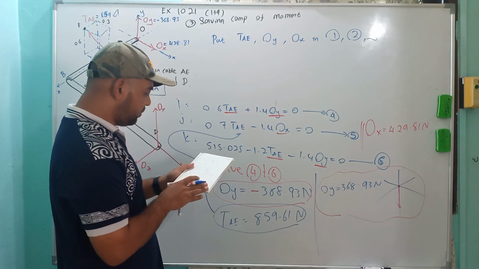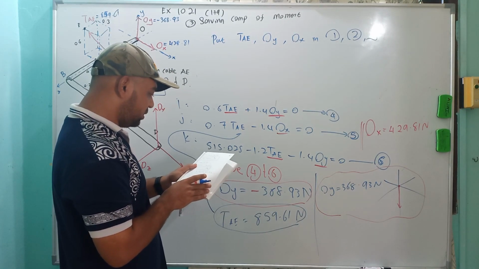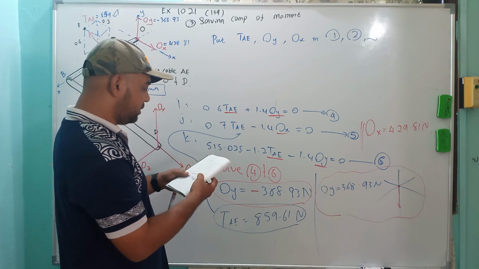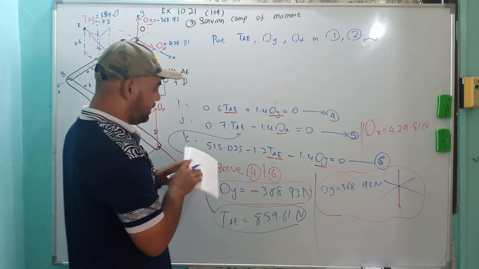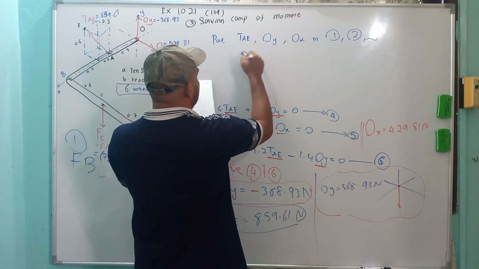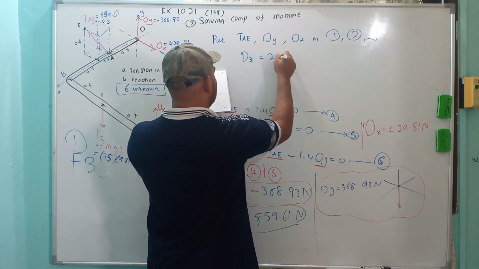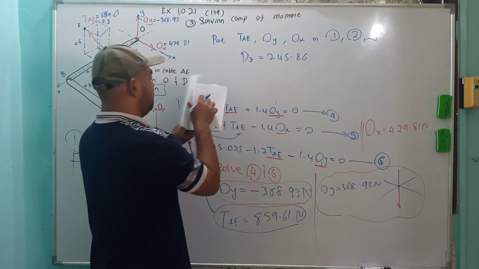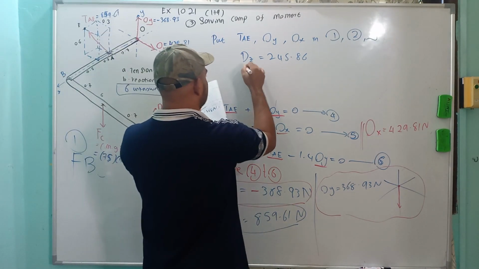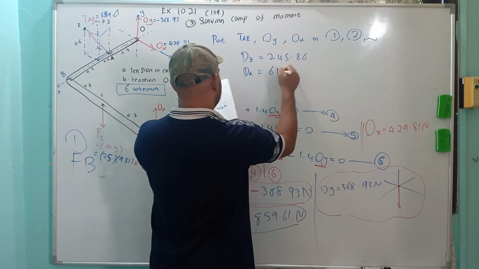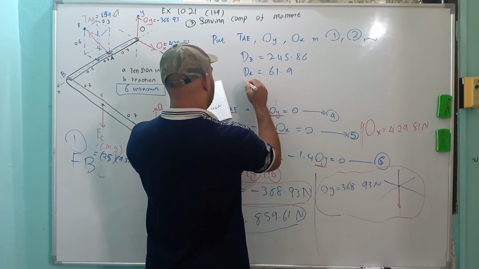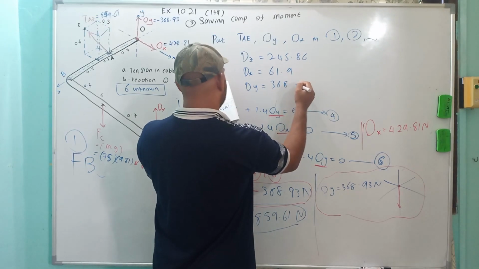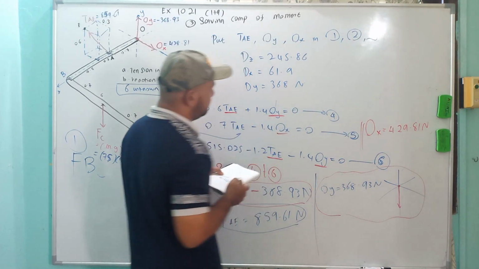So I put one by one, equation number 1, 2 and 3. Okay, and then you have the answer as dz equal to 245.86, and then you will have dx equal to 61.9 and dy equal to 368 Newton.